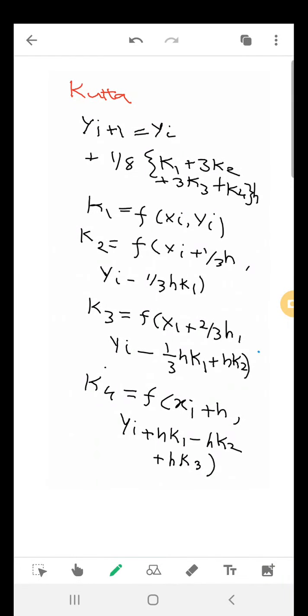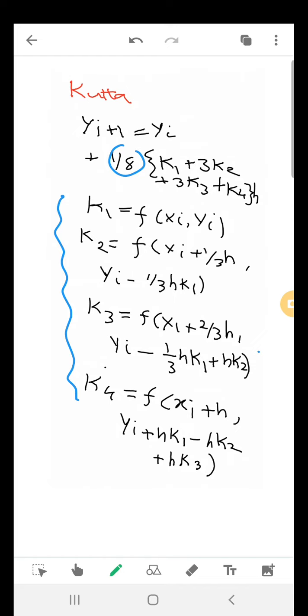Here the equation used is a little different. Instead of the previous one, they are using 1 by 8 into (k1 plus 3k2 plus 3k3 plus k4) into h, and the following coefficients are obtained. So we can use either Runge or Kutta to find out the solution of the differential equation.